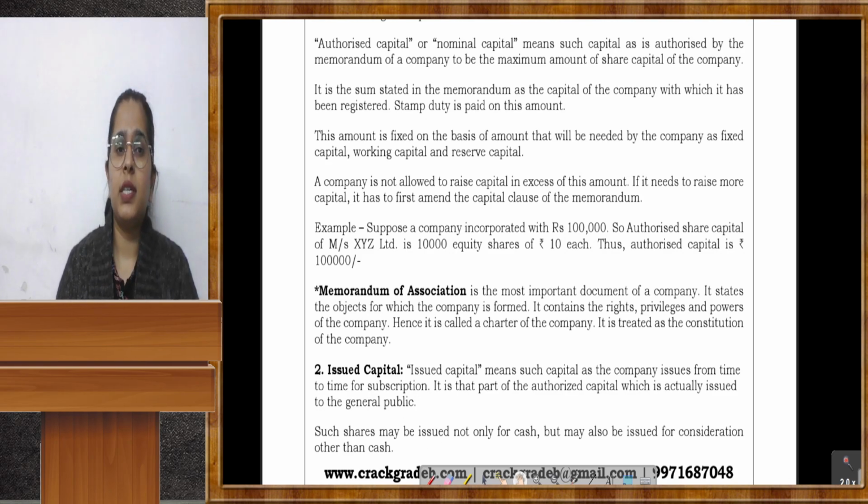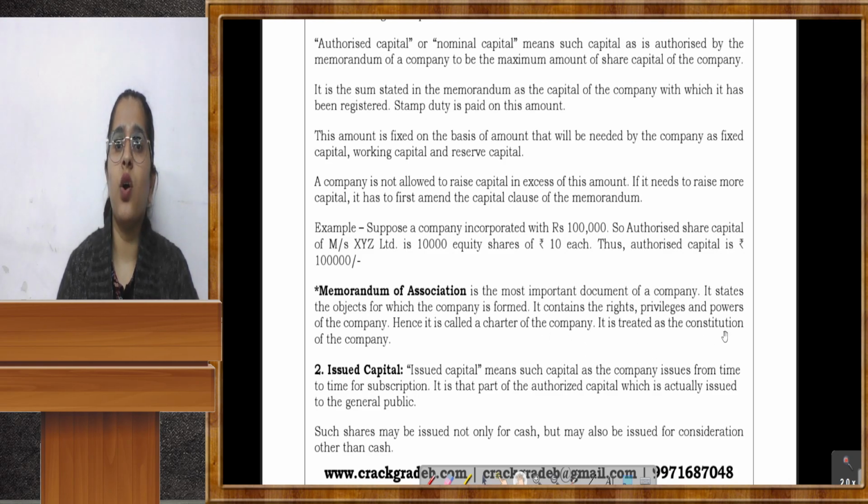Now it is written over here, they have given what the Memorandum of Association is. The Memorandum of Association is the most important document of a company. It states the object for which the company is formed. It contains rights, privileges, and powers of the company. Hence, it is called a charter of the company. It contains all the details regarding the company.